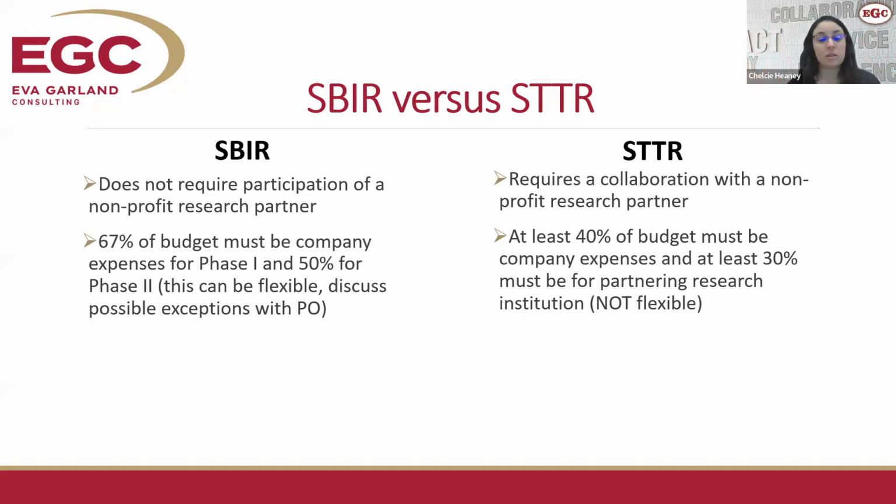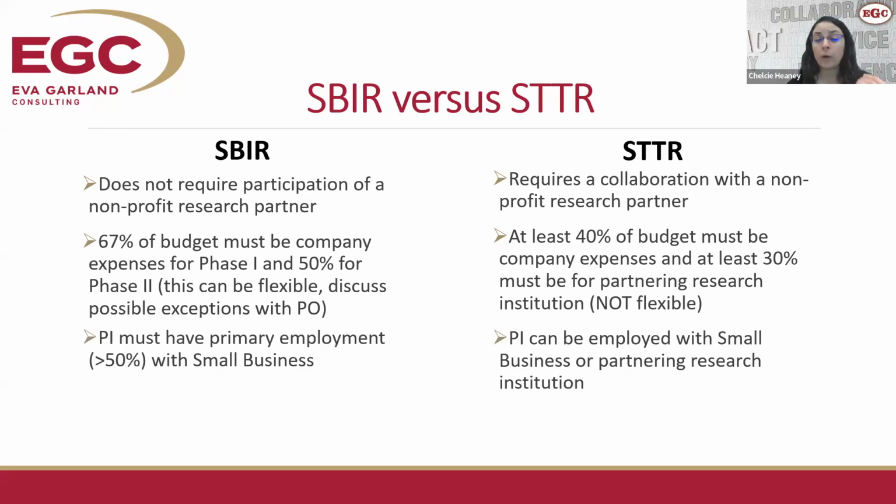That is up to the small business. That is for the STTR budget requirements, this is not flexible. So you must be meeting these requirements. Whereas for the SBIR, you have a little bit more flexibility, and you should always talk to your PO to discuss that more in depth.